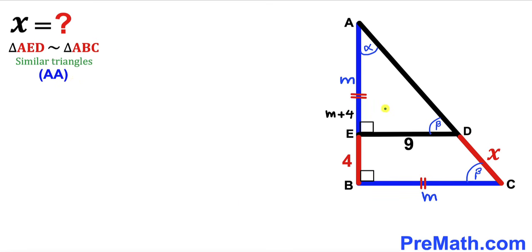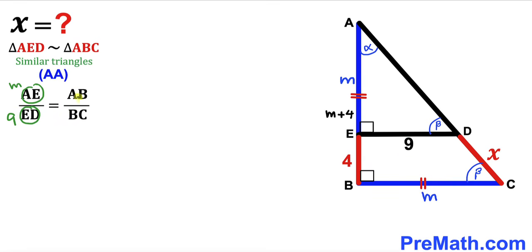Since these two triangles are similar, we are going to have a proportion. In other words, the ratio of the segment lengths AE and ED must be equal to the ratio of the segments AB and BC. AE length is lowercase m, so I'm going to replace that with m. Segment ED length is 9 units, so I'm going to replace that with 9.